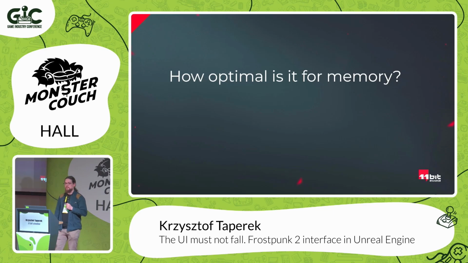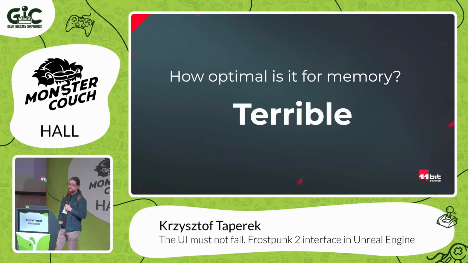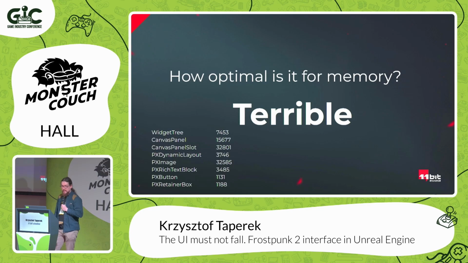So how do we optimize for memory? Of course, it's terrible. It's not the Unreal way. We shouldn't do that, because we should keep as low an amount of widgets as possible. But we did that anyway. And here are some numbers, how many widgets we have at the same time. We have 7,000 widget trees, which is the base start for widgets.